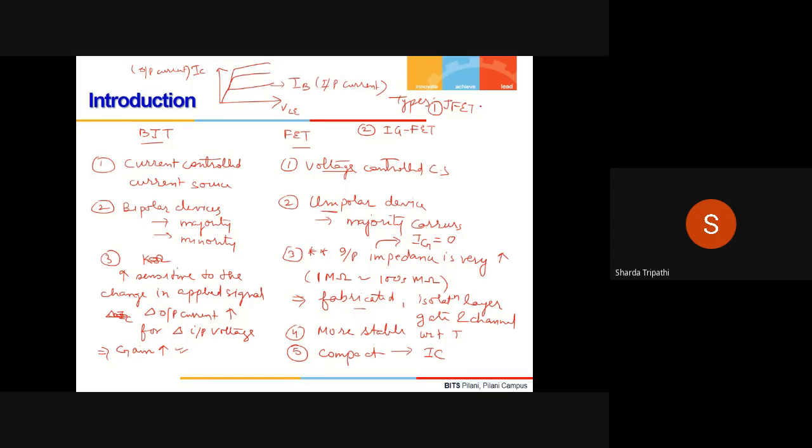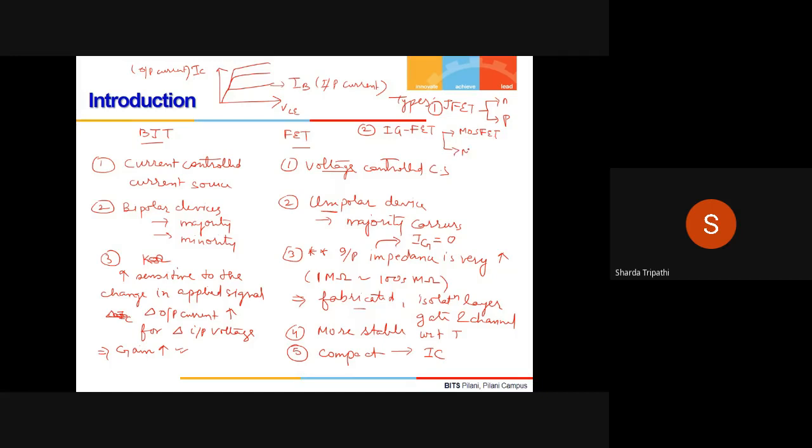Then this JFET can be further distinguished based on whether it is N channel or P channel. Whereas IGFET has some diversification. The most important type of IGFET which is used is known as MOSFET. MOSFET stands for metal oxide semiconductor field effect transistor.